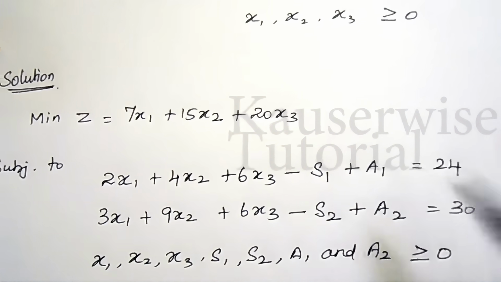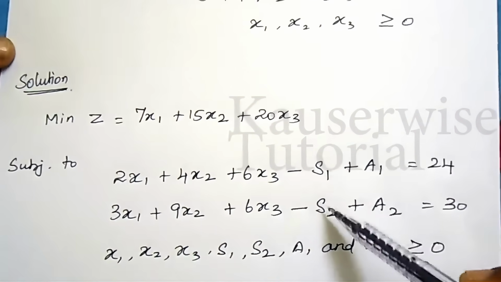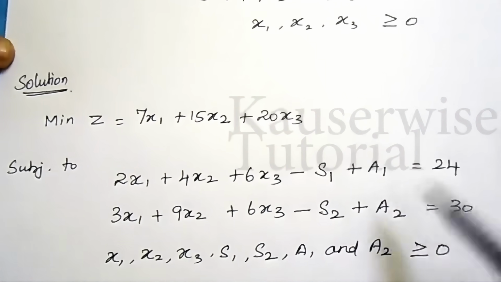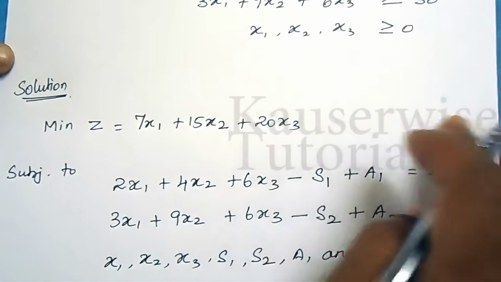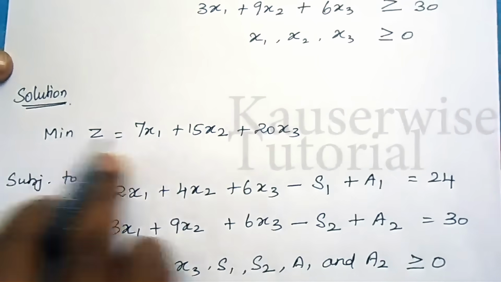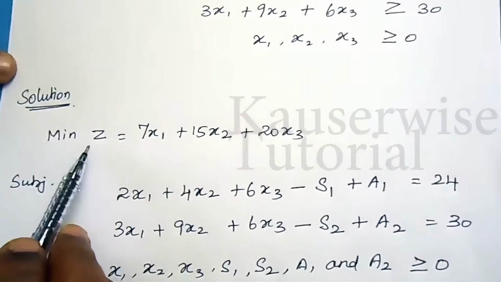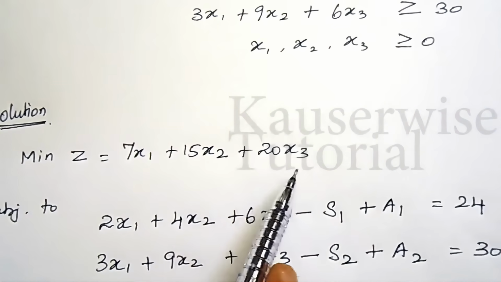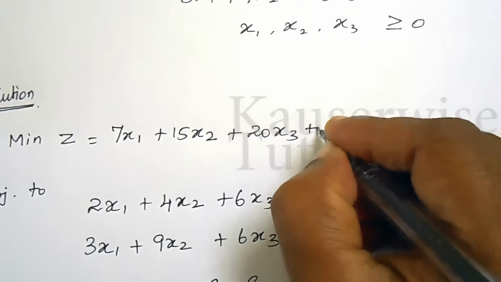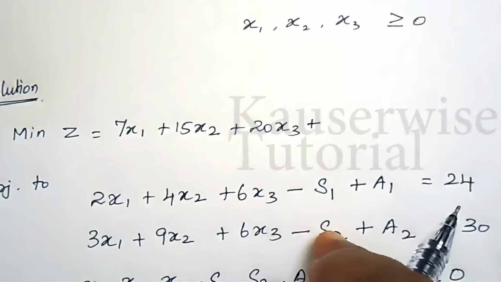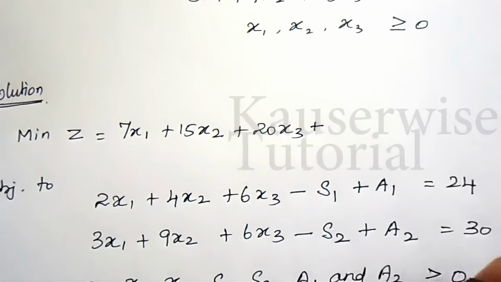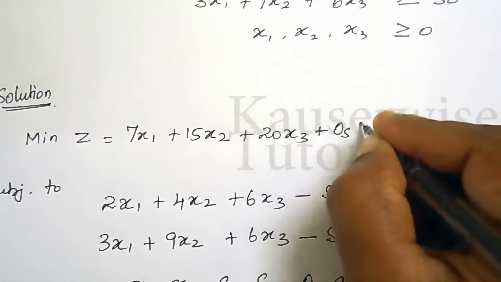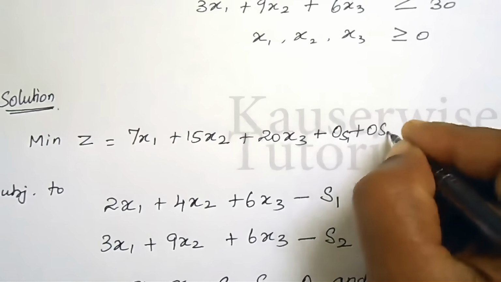Okay, so here we have done two things. First, we have subtracted surplus variables and we have added artificial variables. The same thing needs to be added in the objective function. So the objective function is minimization z is equal to 7x1 plus 15x2 plus 20x3, and for the surplus variables we need to give positive 0, so 0 s1 plus 0 s2.